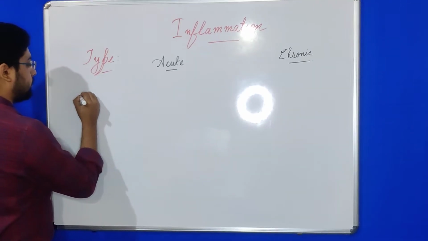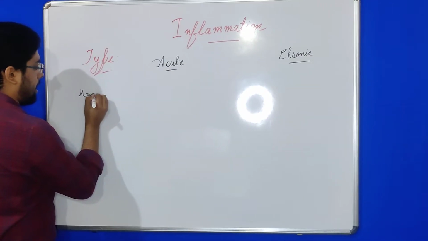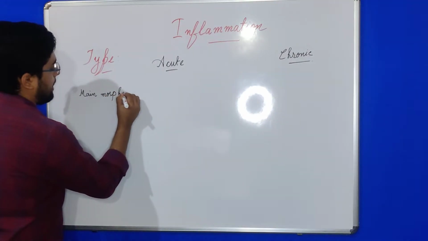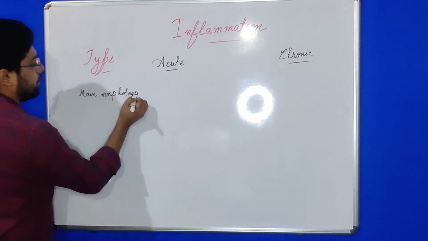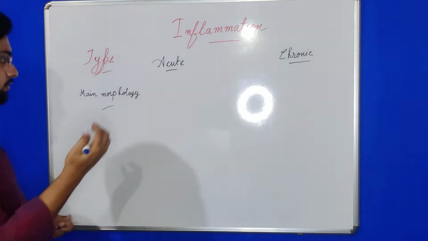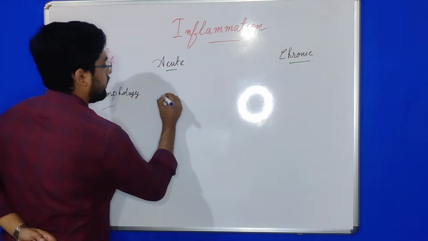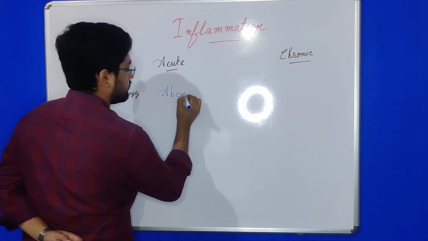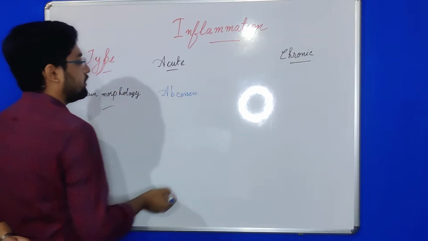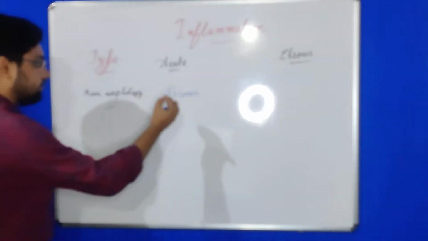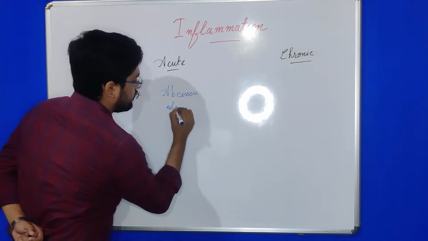Next is main morphology. In acute, abscess. Another one is ulcer.